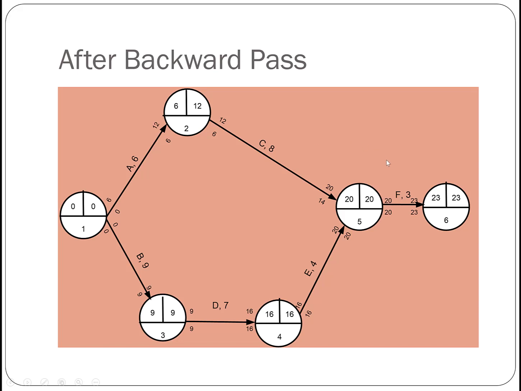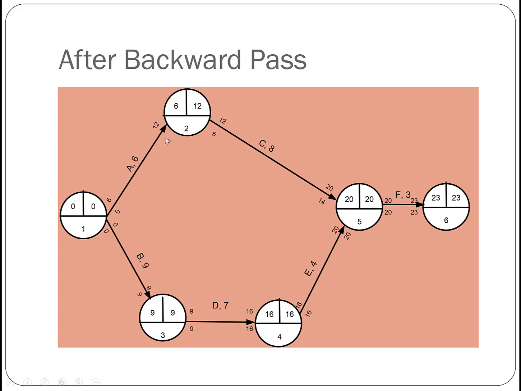Using this as an example, if we look at activity A's earliest finish time is day 6, and the latest finish time is day 12. That means the earliest time you can finish activity A is day 6, but you can also finish it by day 12.